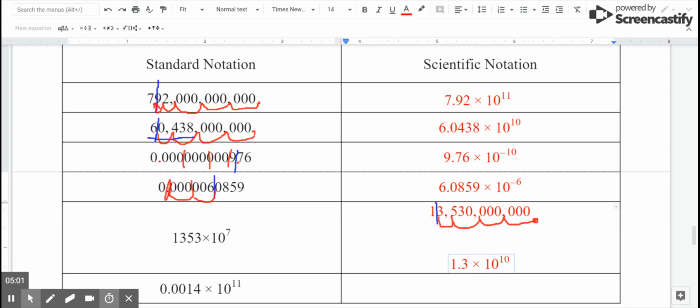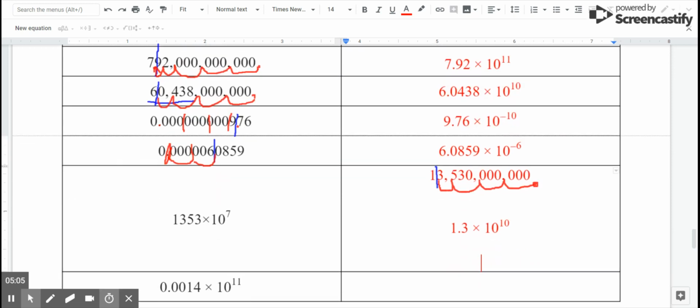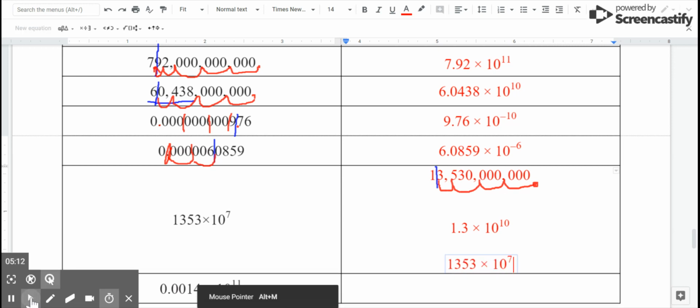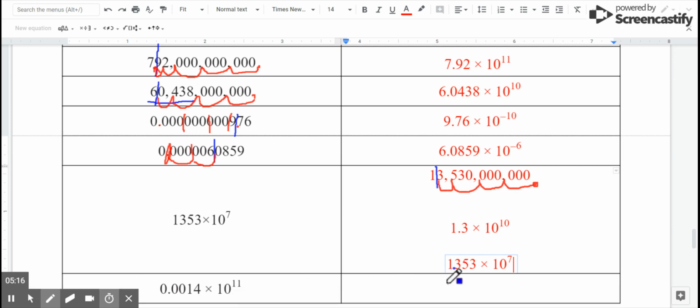Here is what I consider an easier way to do this. Right now, we're starting with 1353 times 10 to the 7th. We know that we want the decimal so that it is between the 1 and the 3.